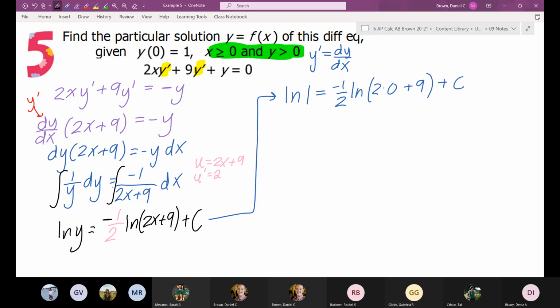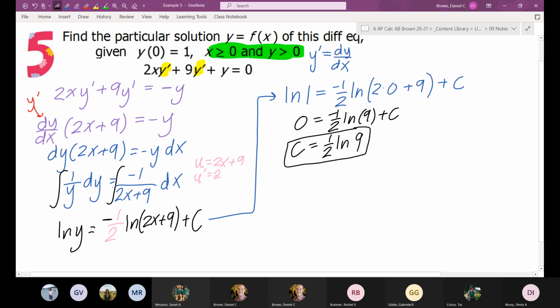I already saw this one, but it's a common initial condition for a log problem. The natural log of 1 is 0. And so I have 0 is equal to this negative 1/2 natural log of 9 plus c. So c is equal to the 1/2 natural log of 9. And I'm going to leave my answer like that. That's fine. That is my c value. We're not done, but I can leave my c like that.